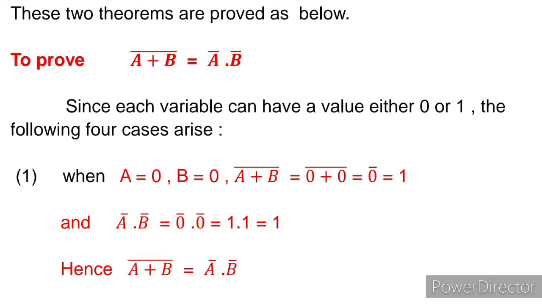Case 1: when A is equal to 0 and B is equal to 0, (A plus B) bar is equal to (0 plus 0) bar, which is 0 bar, which is 1. And A bar dot B bar is equal to 0 bar dot 0 bar, which is 1 dot 1, which is 1. Hence (A plus B) bar is equal to A bar dot B bar.